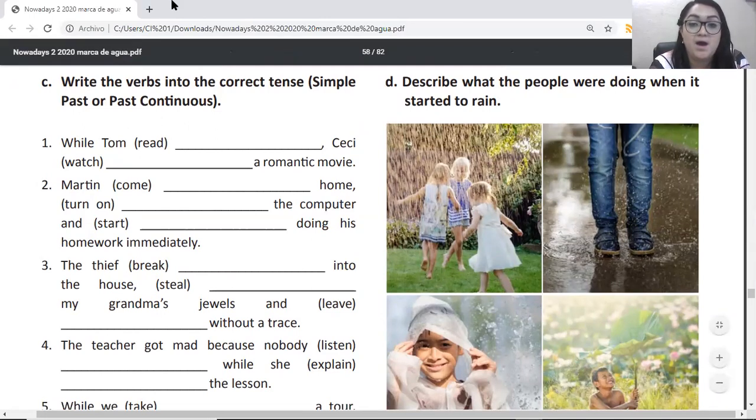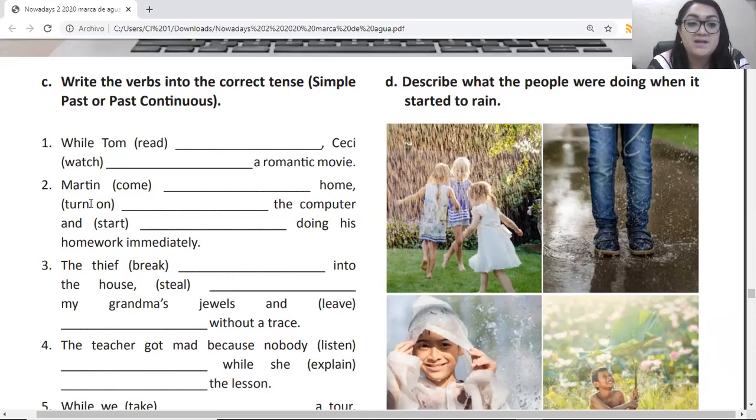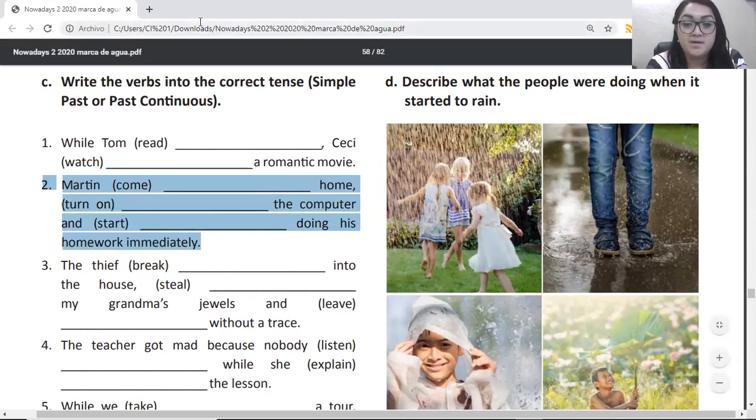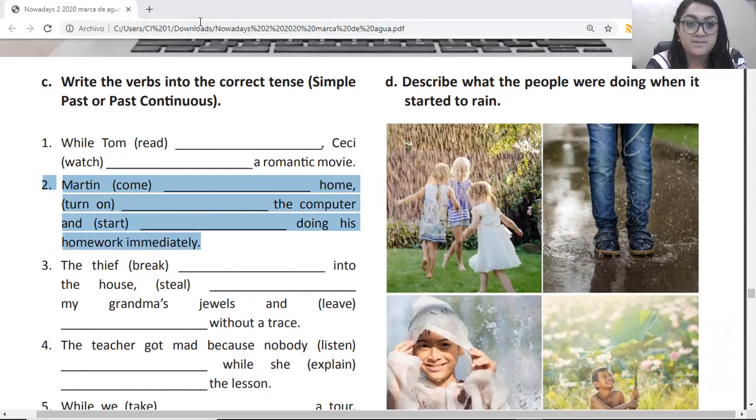Martin came home, turned on the computer and started doing his homework immediately. All these actions are in simple past, okay? Let's write them down. Martin came home. Let me copy this on the screen.